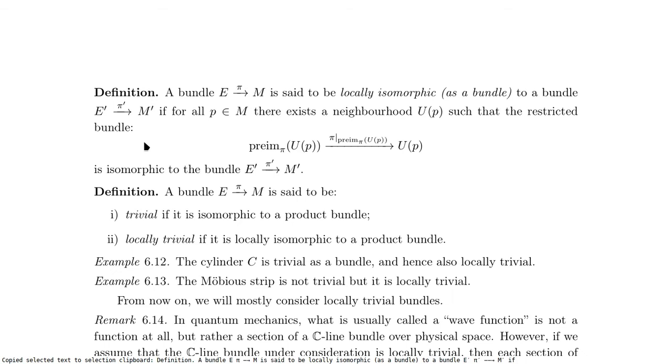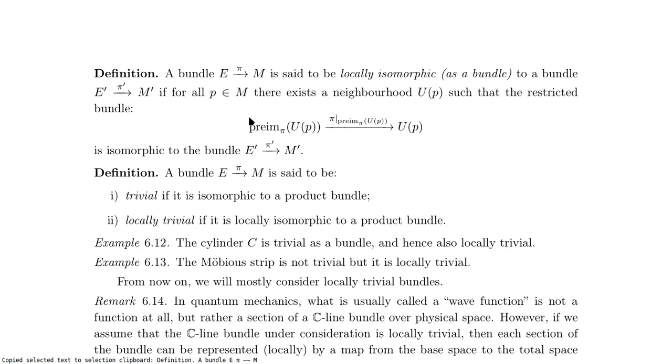So if I explain, we have this as the original bundle, and we want this to be locally isomorphic to some other bundle. So what we do, well, we take a point in the base space, we have a neighborhood around it, we restrict our bundle to that, and we restrict it by precisely taking the pre-image of the neighborhood and mapping using pi restricted to that pre-image, and you get the neighborhood, of course.